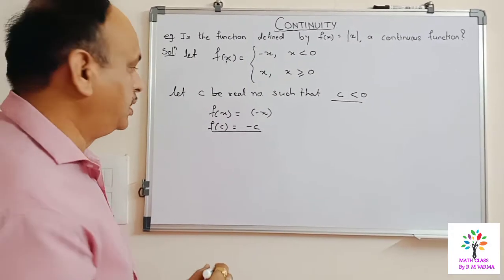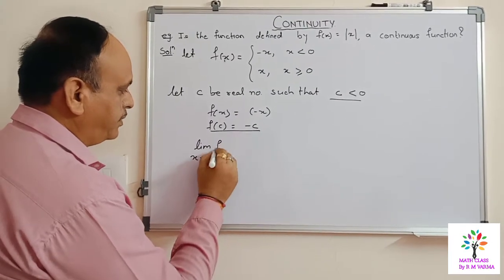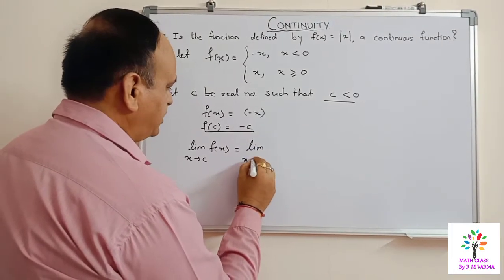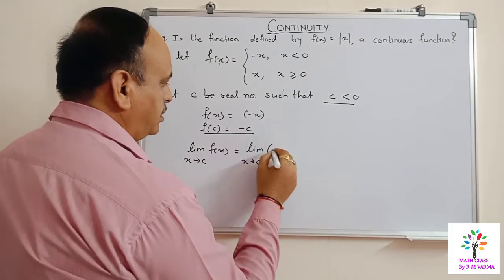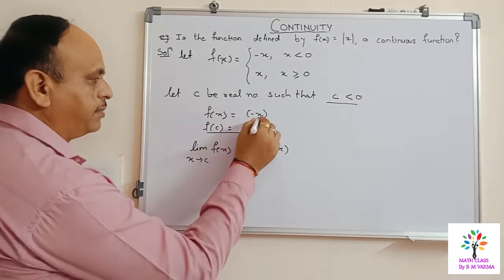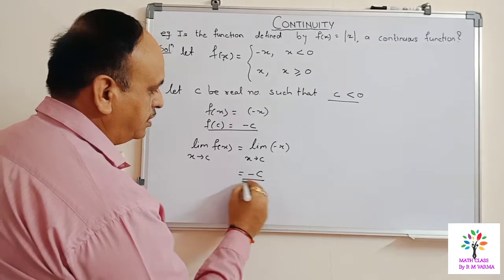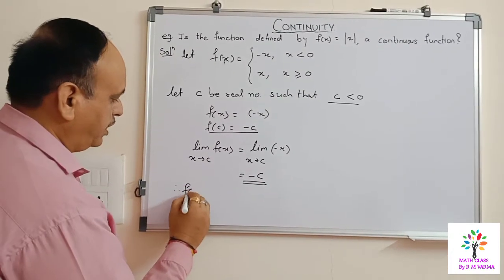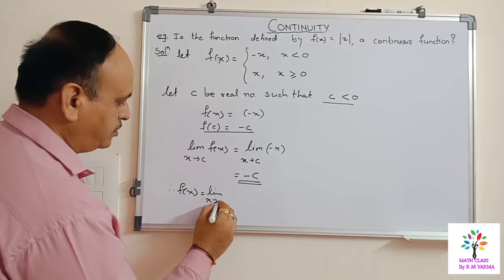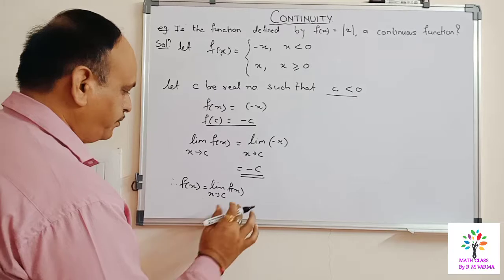Now let us find out the limit. Limit x tends to c of f(x) equals limit x tends to c of minus x. The function f(x) is minus x. Replacing the value, I get minus c. So therefore f(c) equals limit x tends to c of f(x).